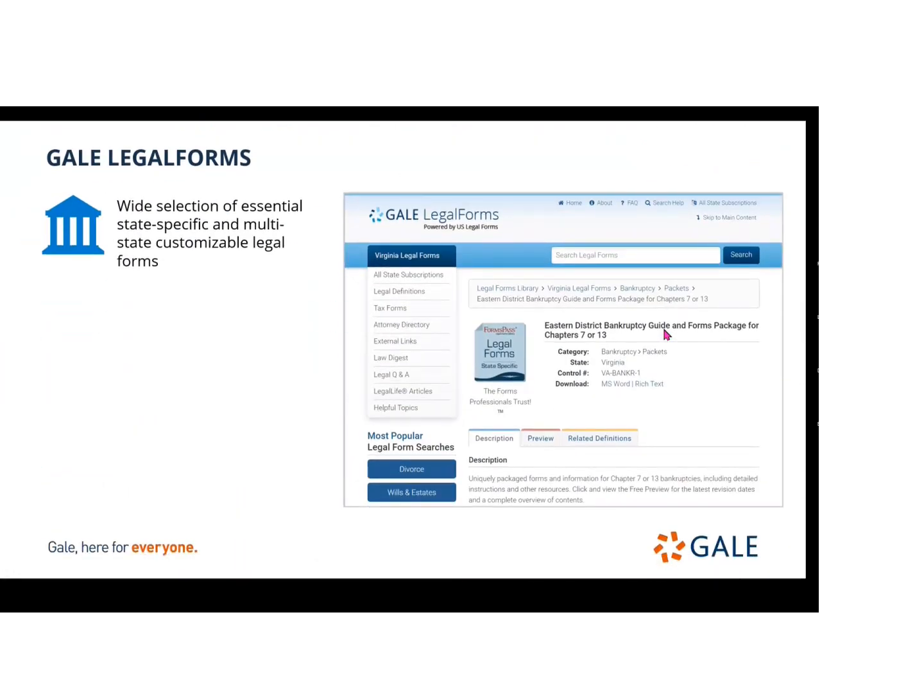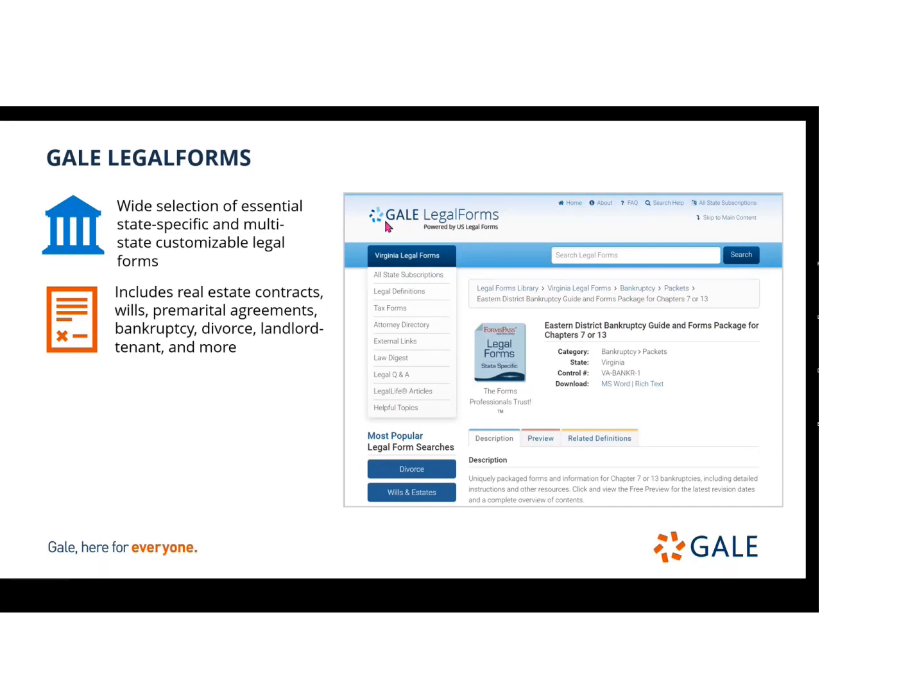So we're going to start today with Gale Legal Forms. And if you haven't explored Gale Legal Forms before, it's a really wide selection of state-specific and multi-state customizable legal forms. They're customizable in the sense that you can download some of them and edit them in a Word document. And some can also be filled out online without needing to open them in another program.